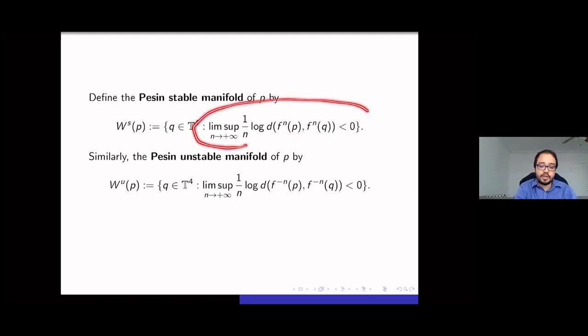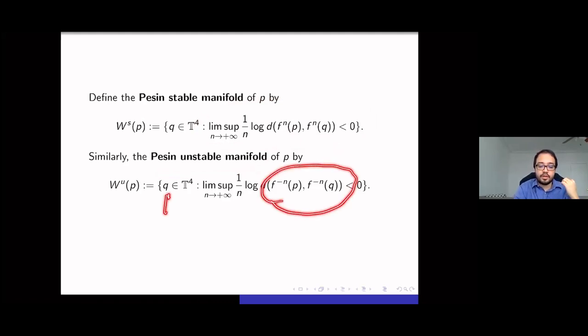And you can define Pesin unstable manifolds similarly if you look at the past. A point is in the unstable manifold if the distance between F^{-n} of P and F^{-n} of Q converges to 0 at an exponential rate. Okay.